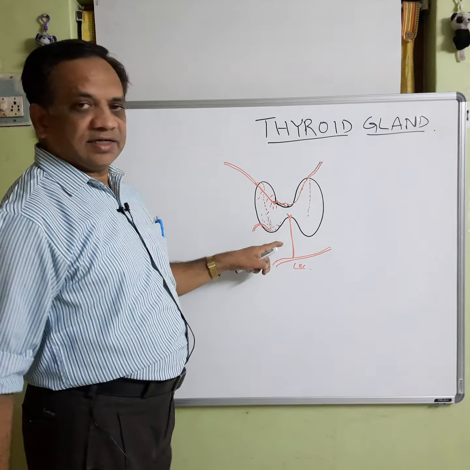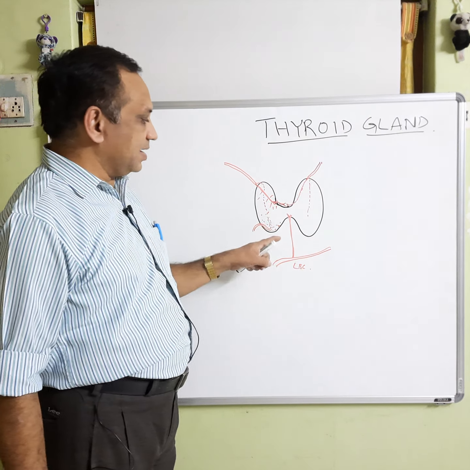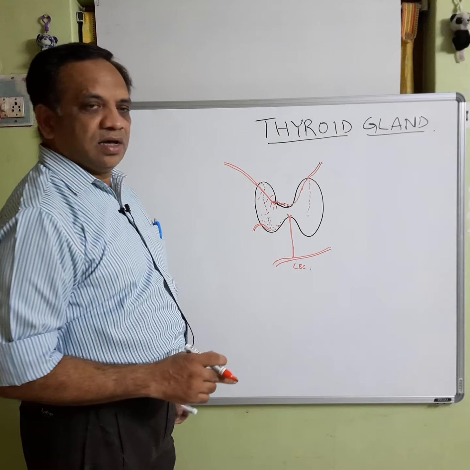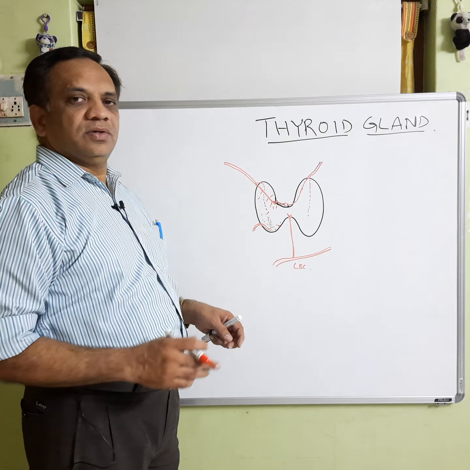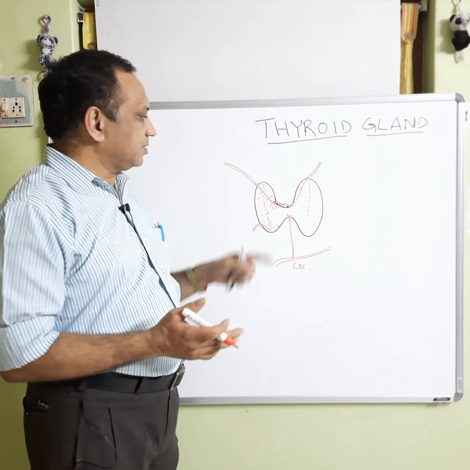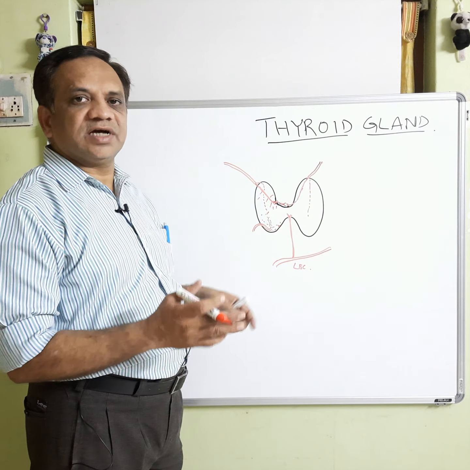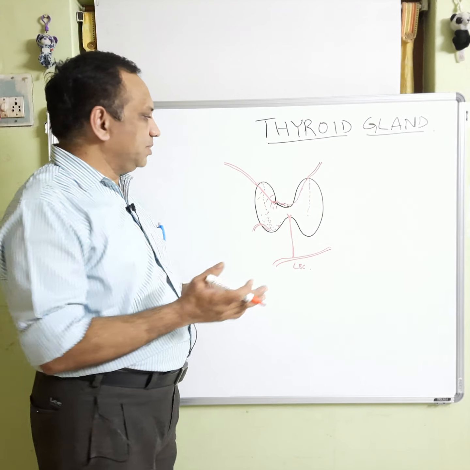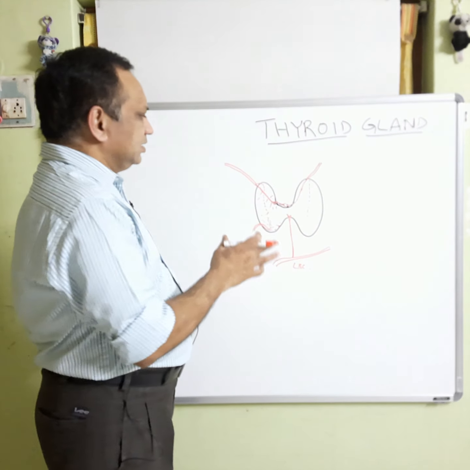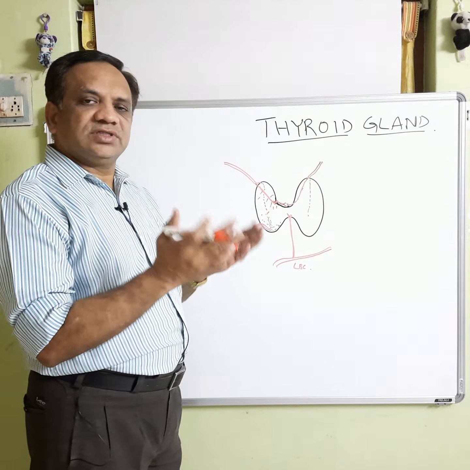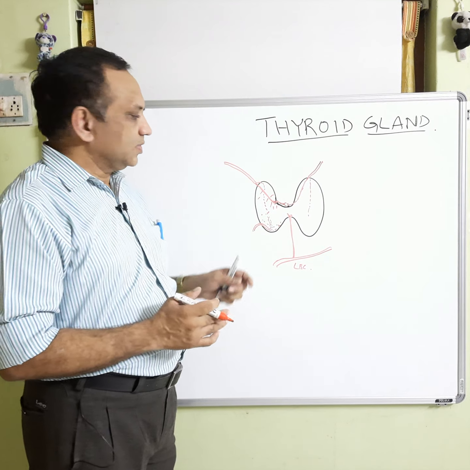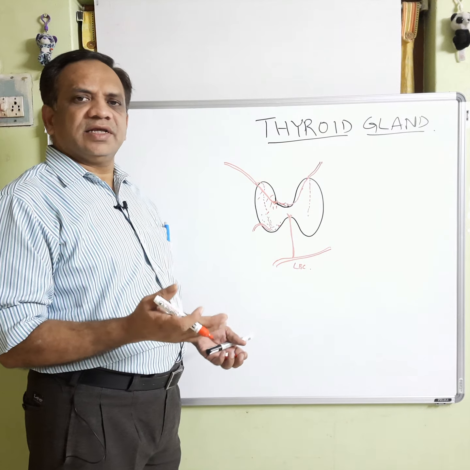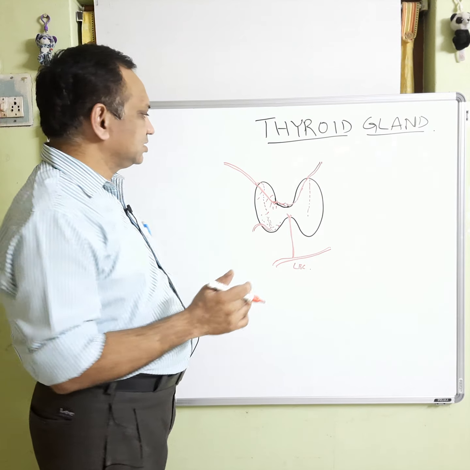This is the arteria thyroidea ima, and these three arteries along with many branches from the underlying arteries which are supplying the esophagus and the trachea, they also give many branches to this gland. They all ramify outside and inside the thyroid gland to form many capillaries and many sinusoids.